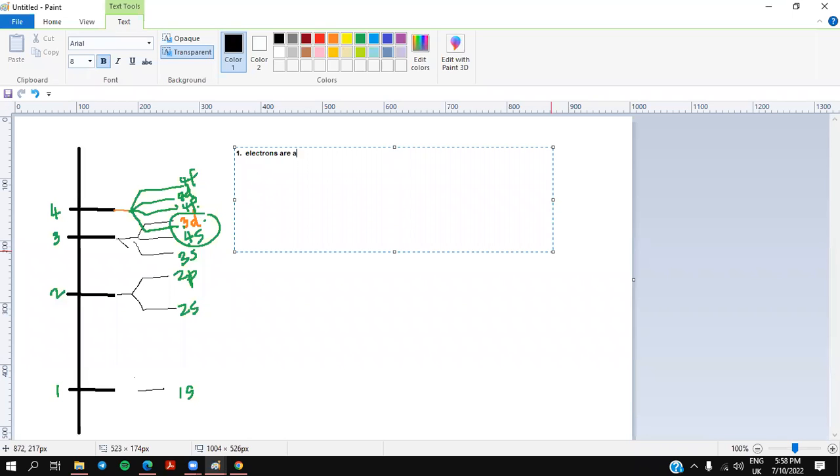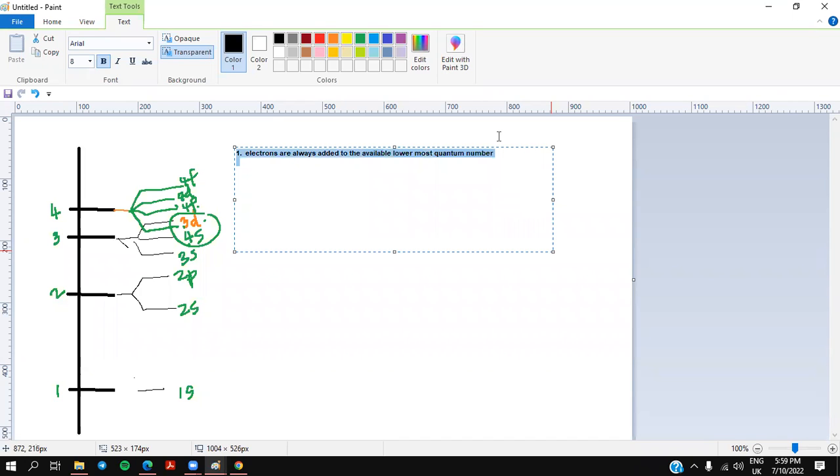Electrons are always added to the available lowermost quantum number.